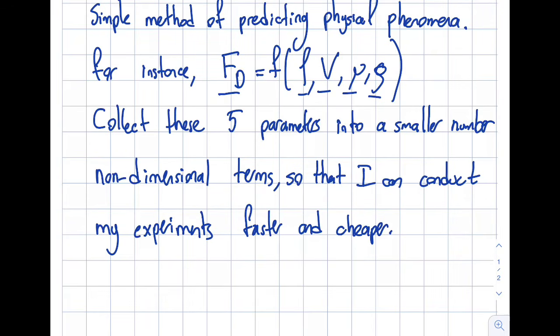I will quantify soon what I mean by a smaller number. And as you will see soon, this smaller number of non-dimensional terms will be a function of the parameters. In this particular case, it will be 2. So I can reduce from 5 to 2.